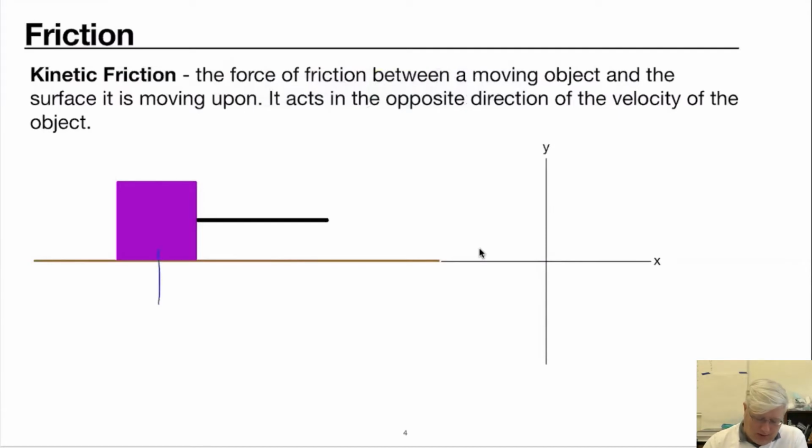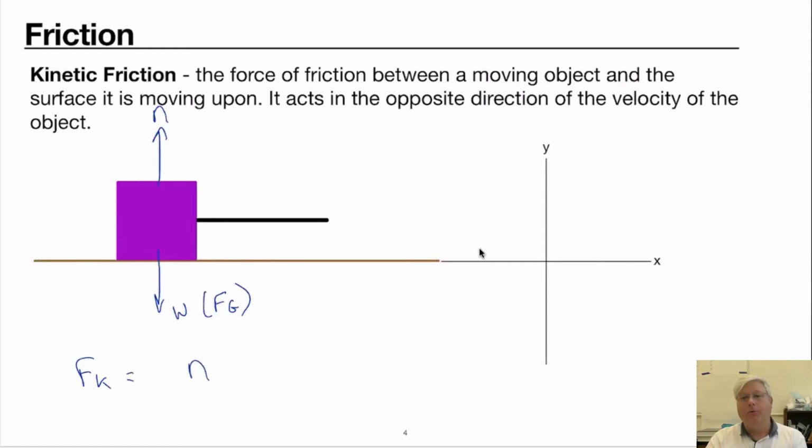And so we know that we have a weight, right? We've been calling it Fg for force of gravity, but we can use W for weight too if we want. And it's on a surface. If it's a flat surface, then the normal force is equal to the weight. And so the frictional force, and usually we refer to kinetic friction as Fk, is proportional to the normal force.